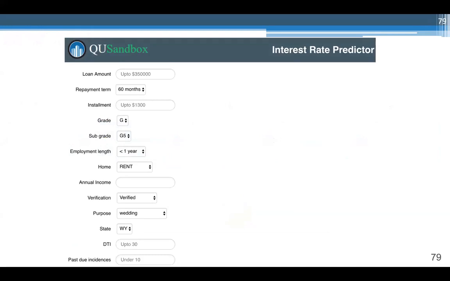So I want to provide the loan amount, the repayment rate, the installment, the grade of a loan, the employment length, whether I'm renting or own a home, what's my annual income, is my loan or my application verified or not, what's the purpose of the loan, which state do I live in, what's the debt to income ratio, and were there any past due instances. So these are some of the features which are going to be used to really understand whether this person is creditworthy or not, and also what's the interest rate you should potentially be giving.